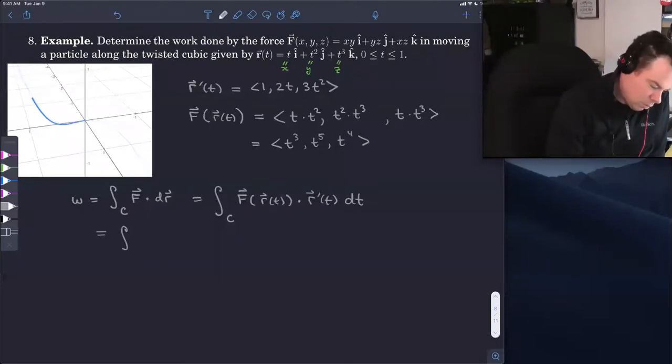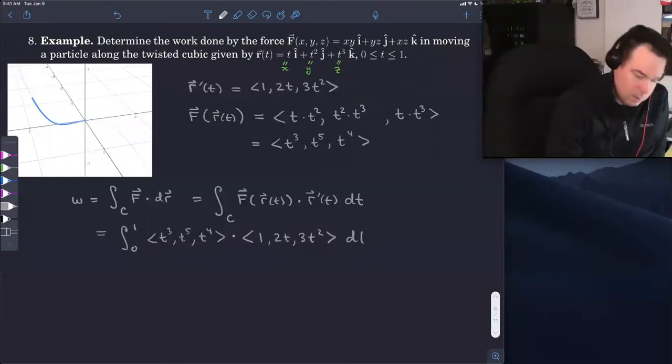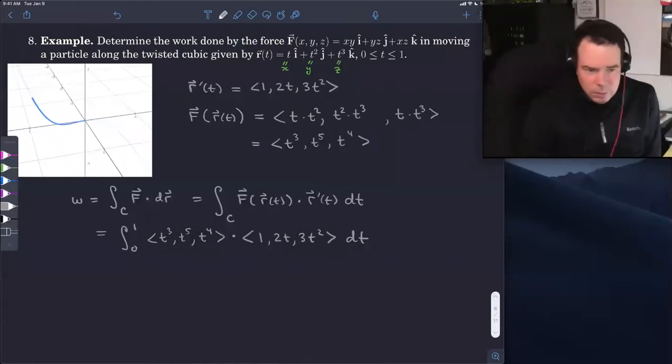And so that's the integral from 0 to 1 of t cubed, t to the 5th, t to the 4th dot 1, 2t, 3t squared dt. So that is the dot product that we need to evaluate.